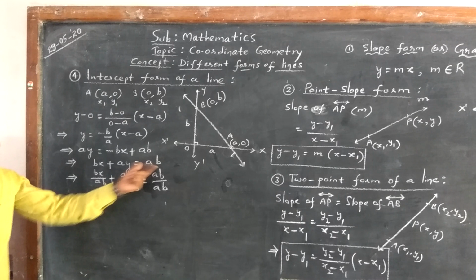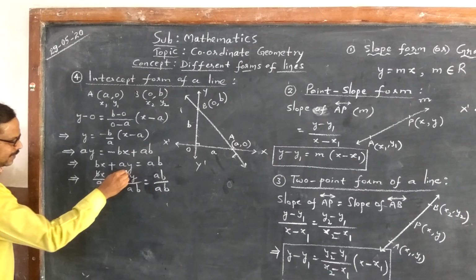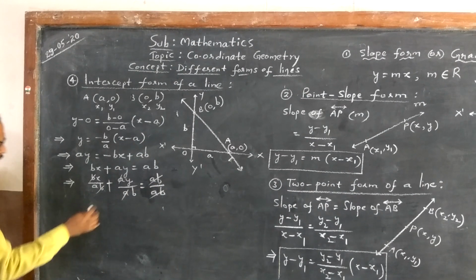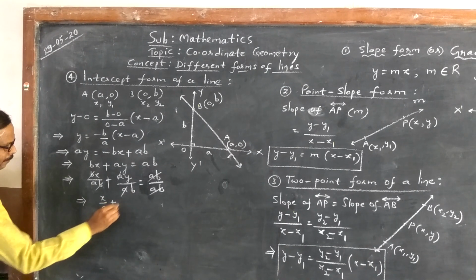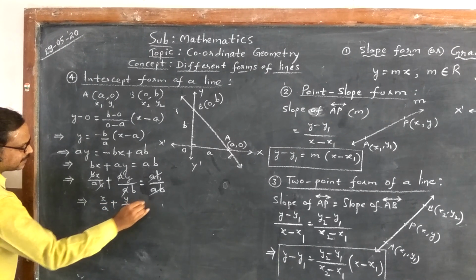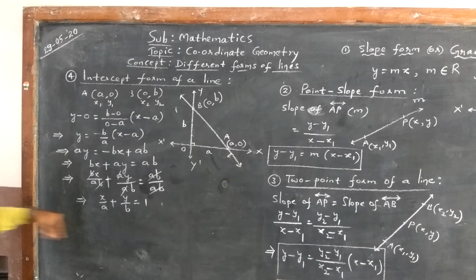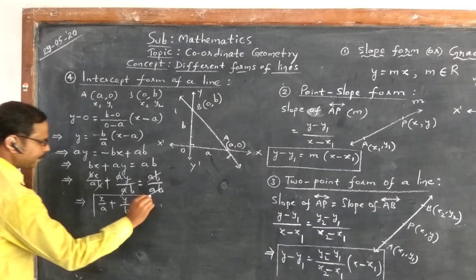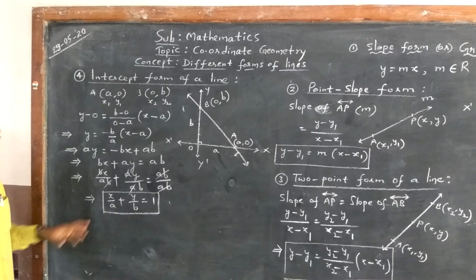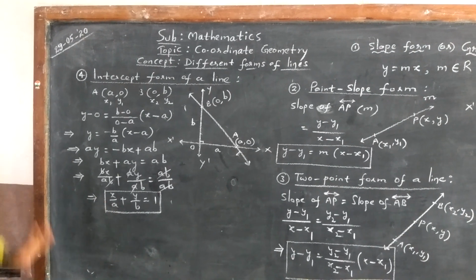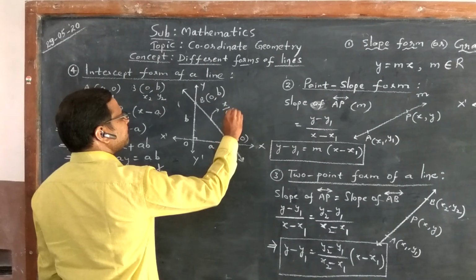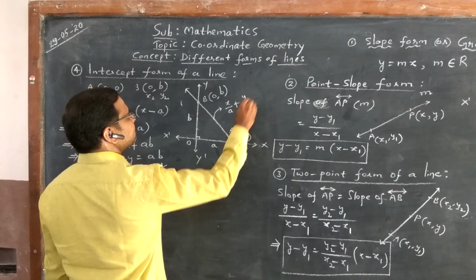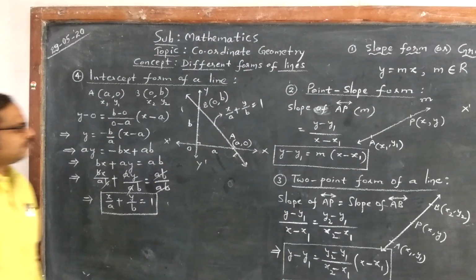Now b cancels, a cancels, ab cancels. So what is remaining? x by a plus y by b is equal to 1. This is called the intercept form of a straight line.